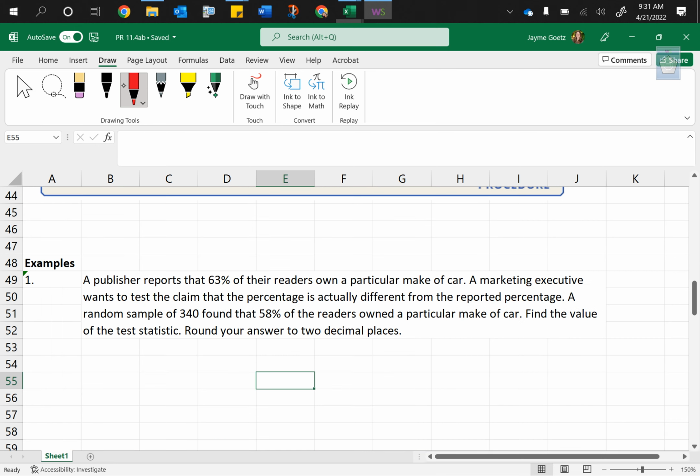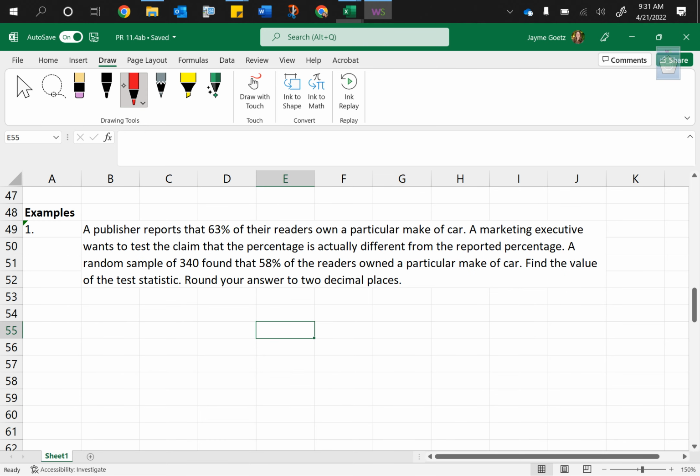So, what I want you to do is we're going to come down to this example. We're going to read and decide what test I need to run to answer the question. On number 1, a publisher reports that 63% of their readers own a particular make of car.